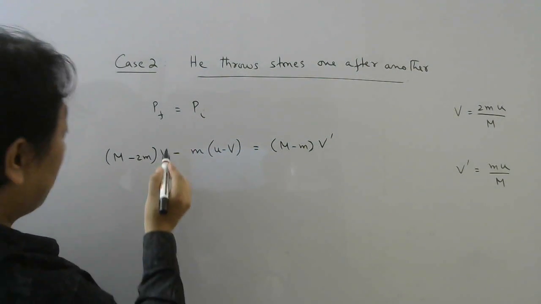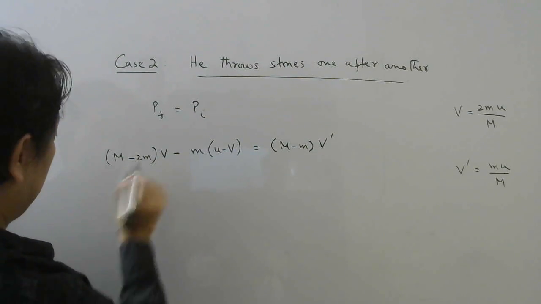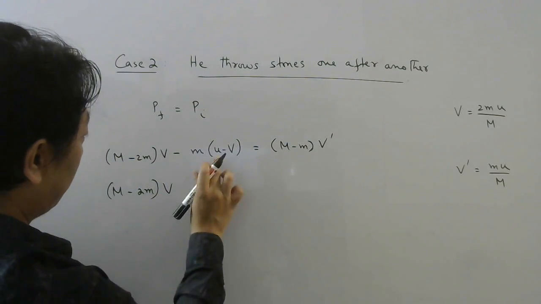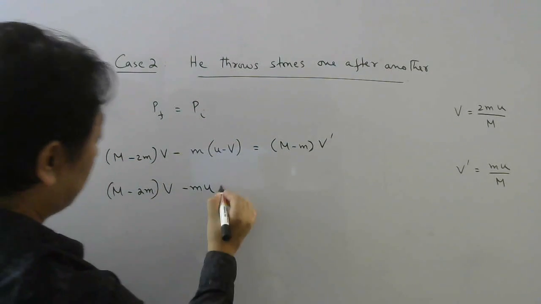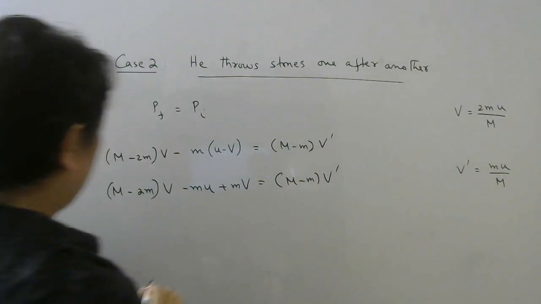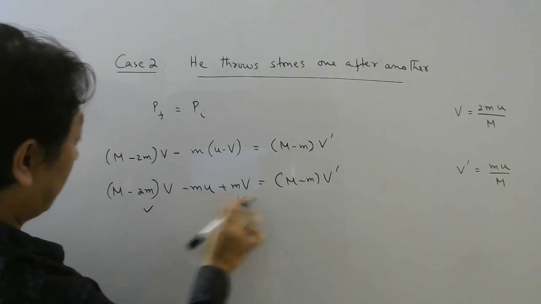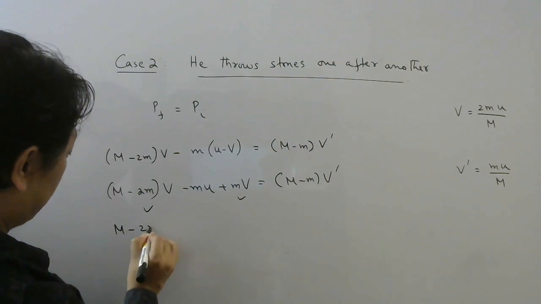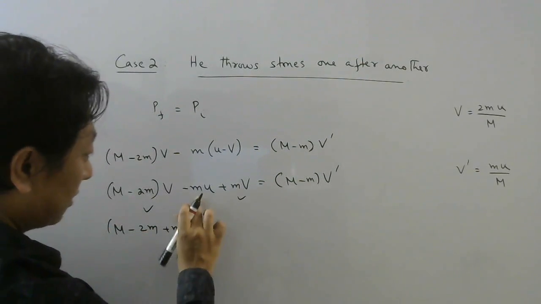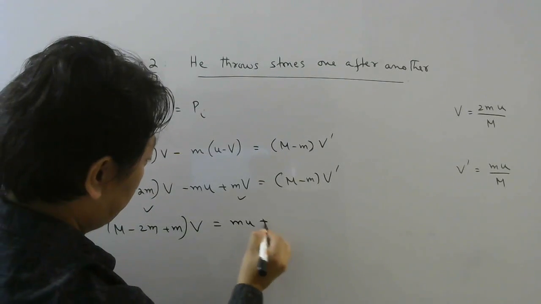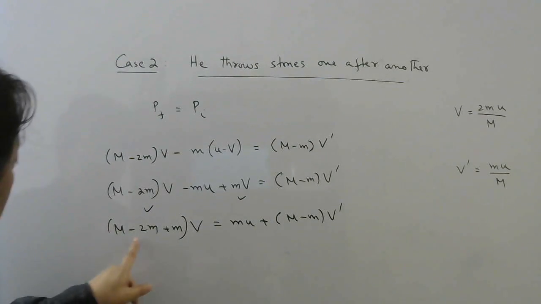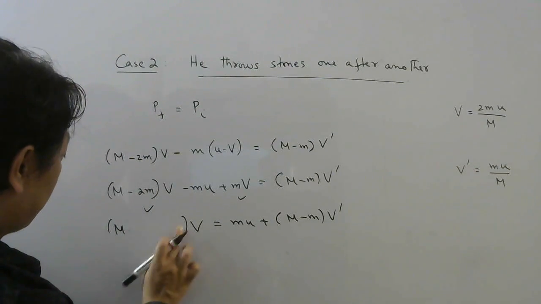Let's simplify. Remember, I want capital V, so let me keep this one as it is, and minus mu, and this minus minus will be plus mV, and this one will be as it is. Now here and here I can take capital V common, right? So minus (M minus 2m) and here plus m, capital V common, minus mu take that side. So mu plus (M minus m) V dash. So this will give me minus 2m plus m will be minus m.